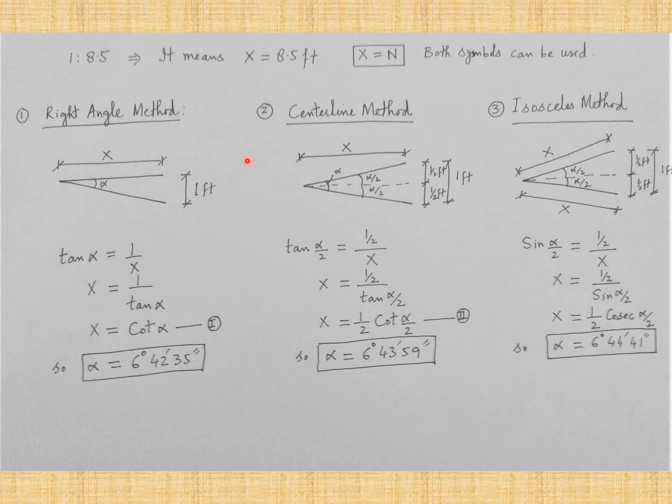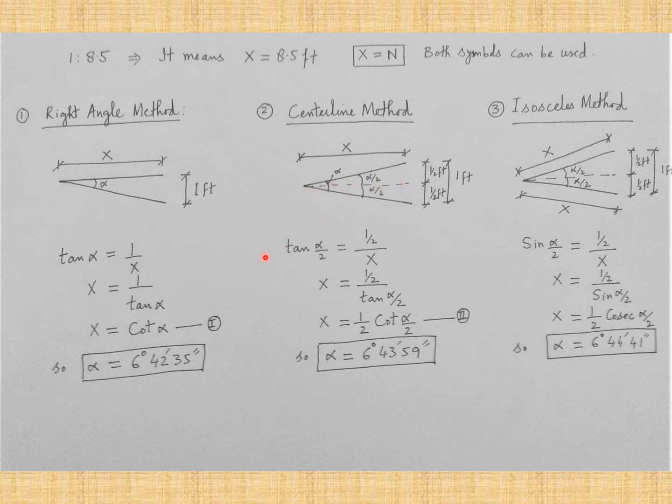If we look at the centerline method, we are considering the spread of 1 foot again, and there is one centerline being considered. This angle is alpha, so this is alpha by 2 and this is alpha by 2, this distance is 0.5 foot, and this is the distance X which is measured along the center line.